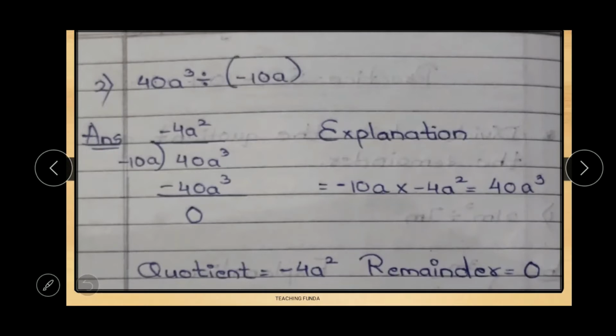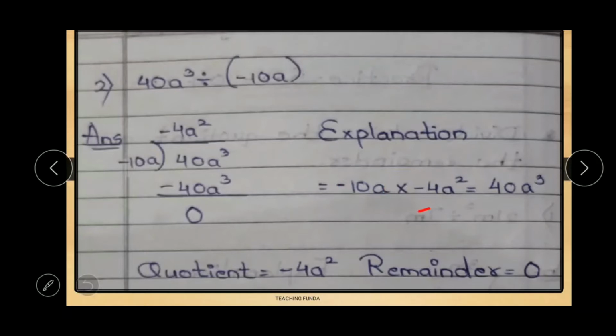Now here again write in this way, in your division way, and write down the explanation. Minus 10a into what number will give you 40a cube? Now first we'll look into this one. 10 numbers will look. Now 10 into how much will give you 40? 10 4s are 40.